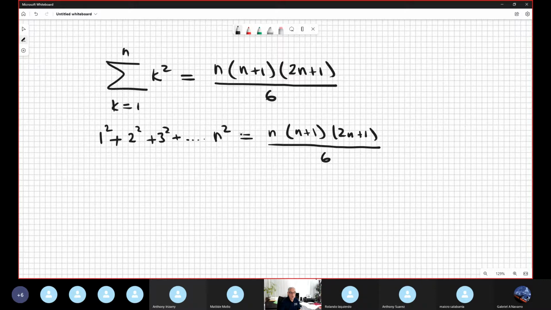I used the summation notation at the beginning, but now, more clearly, I expand the summation notation.